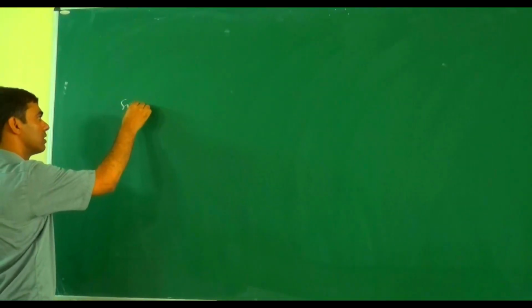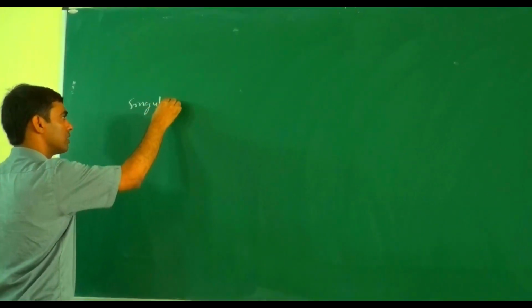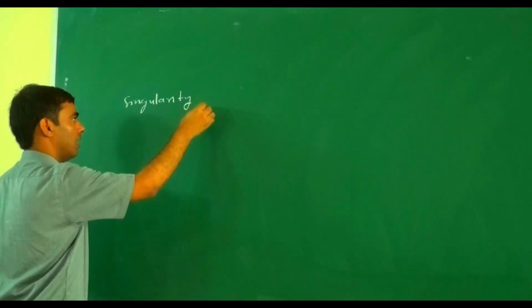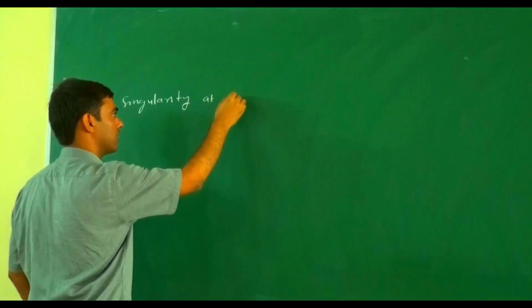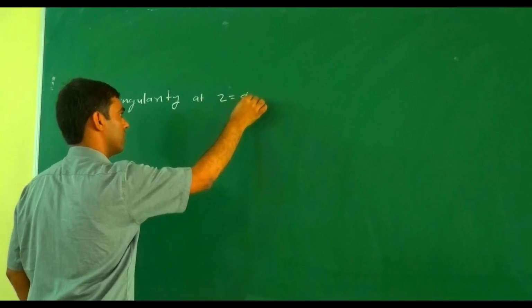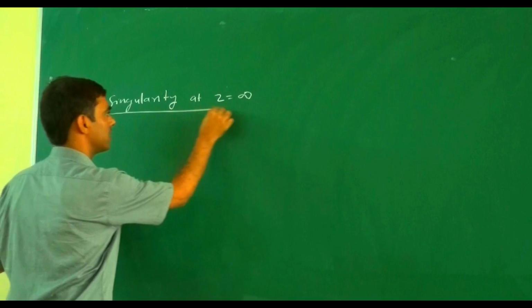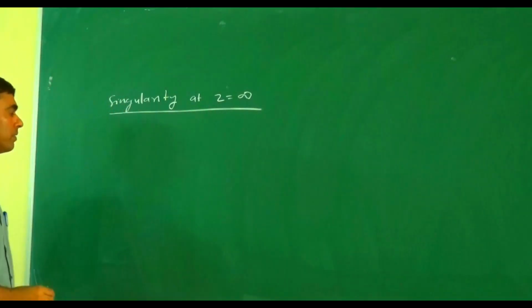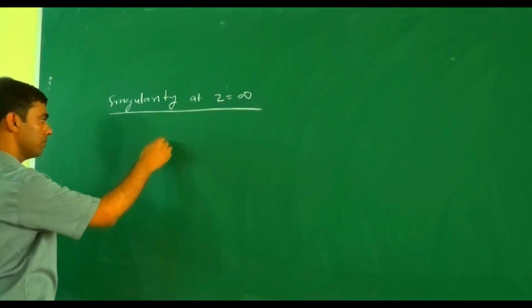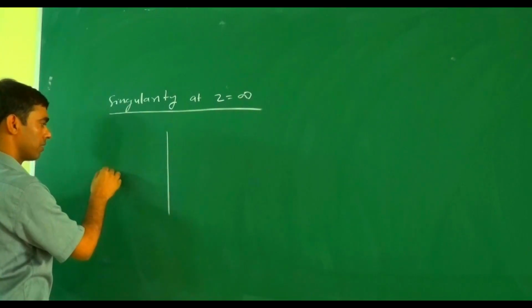So if we talk about singularity at infinity, at z equal infinity, how do we categorize the singularity at z equal infinity?